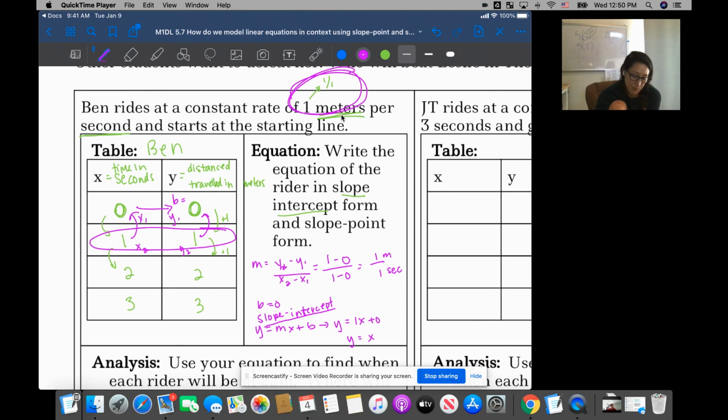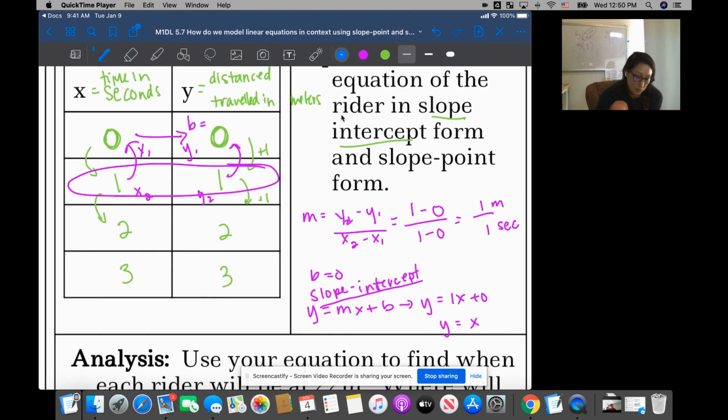I'll give you more room on your paper. Okay, so then for slope-point form, the slope doesn't change. We're still going 1 over 1, okay? And then you choose a point from the table. Let's choose this point. So this is going to be my x1, y1 for slope-point: 3, 3.